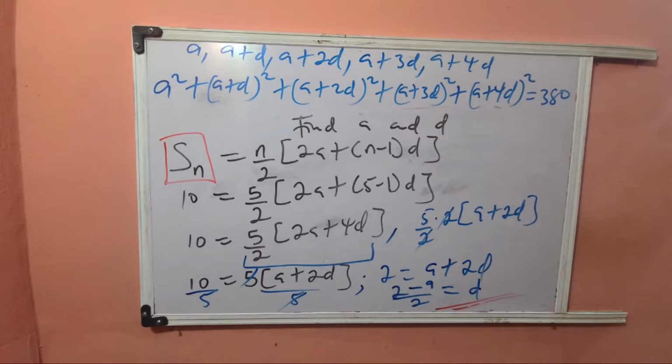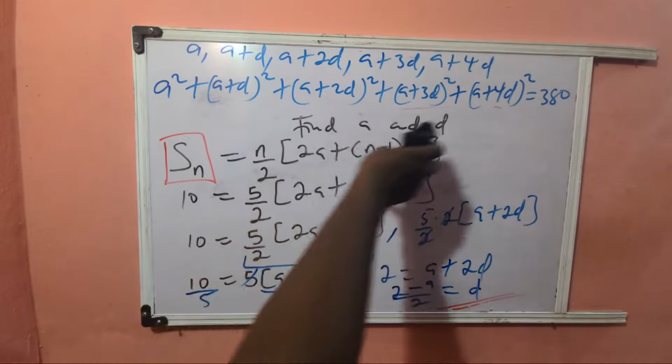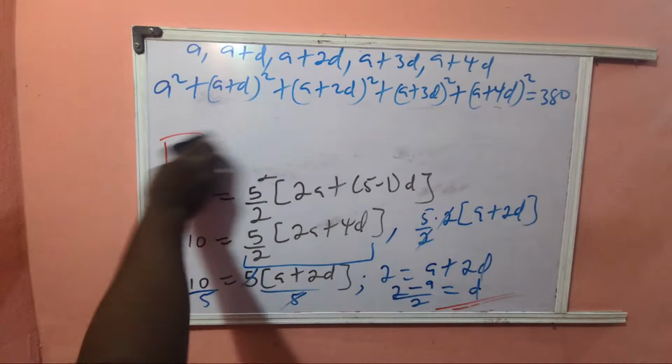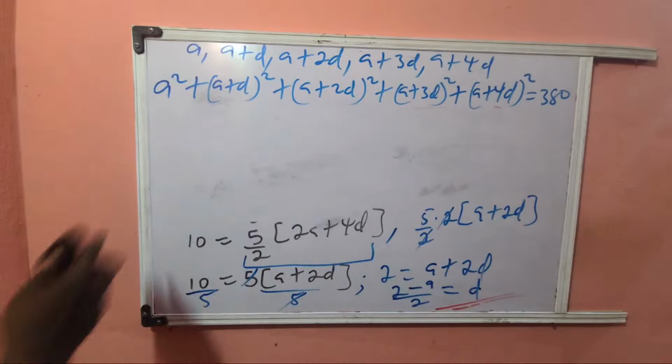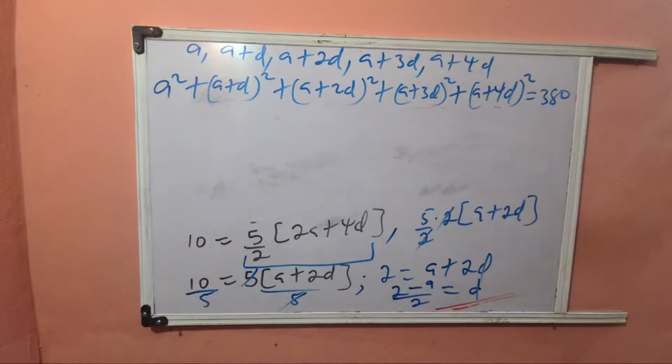Wherever I saw d, I want to start fixing the value of 2 minus a over 2. This is 5 marks, and it's quite simple. You can get all the marks here.